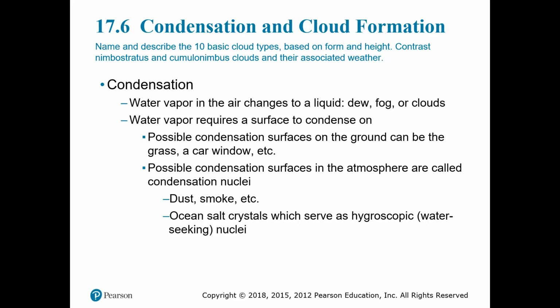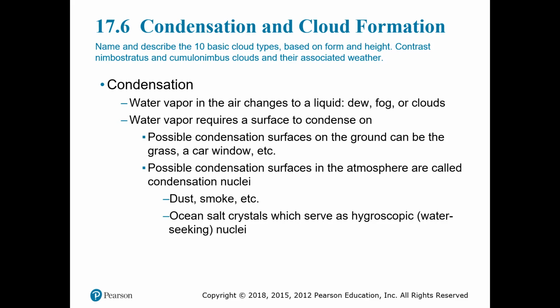So when condensation takes place, these tiny little nuclei grow quickly at first, but as they continue to take the water vapor out of the air, their growth slows down. And so you end up with a cloud that consists of millions upon millions of tiny little water droplets that are so fine they can remain suspended in air.